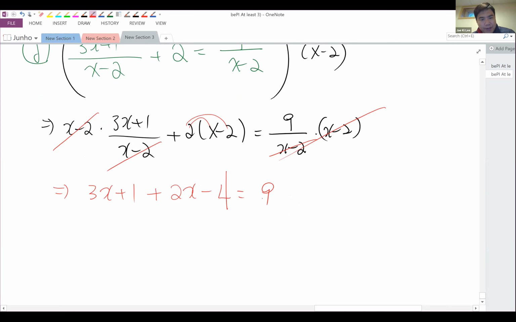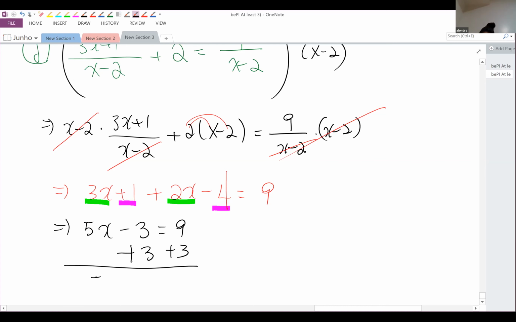Okay. Now, can you combine like terms? As you see, those two are like terms, and these two are like terms. 5x minus 3 equals 9, and plus 3.